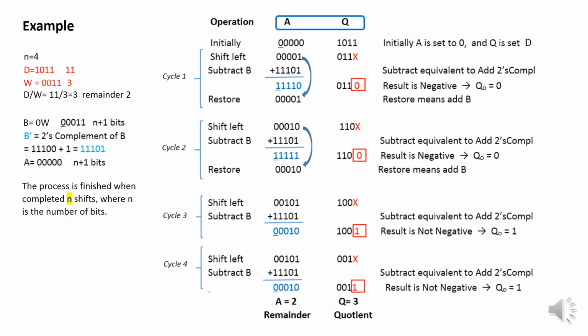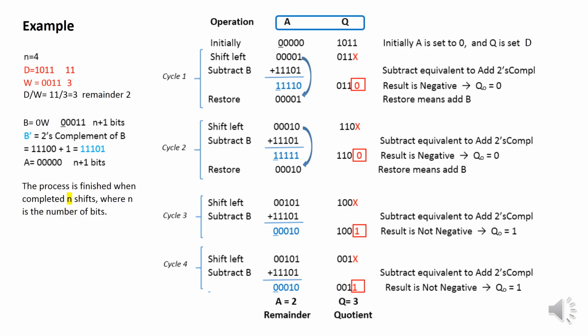We are working with 4 bits, so the process will take 4 cycles. At the beginning, the accumulator A is initialized to 0, and the quotient register Q is loaded with the dividend, so it starts as 1011.